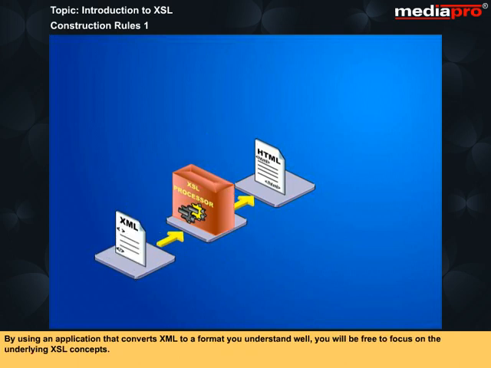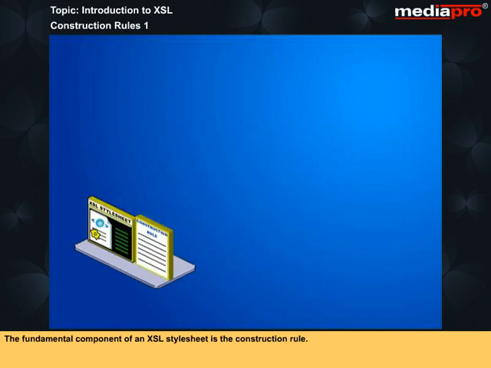By using an application that converts XML to a format you understand well, you will be free to focus on the underlying XSL concepts. These same concepts can easily be generalized and extended to other settings where XML is converted to formats other than HTML. The fundamental component of an XSL style sheet is the construction rule.